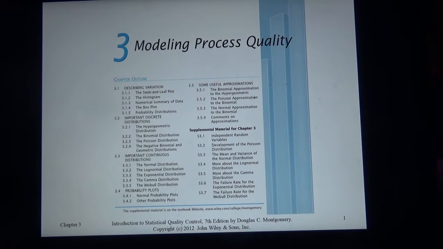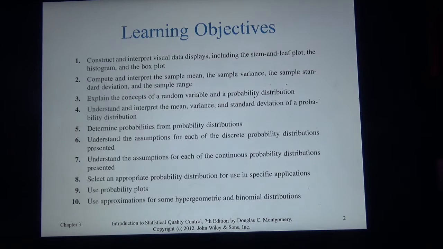For example, n higher than this, or p value, which is the defective proportion, is less than 0.05. These kinds of limitations will let us move from one distribution to another distribution. So let's go on to the chapters.